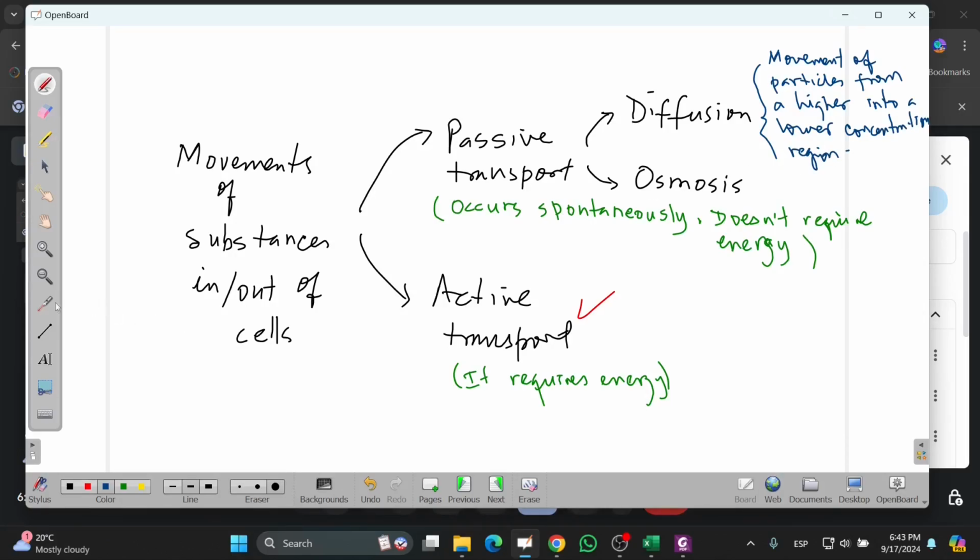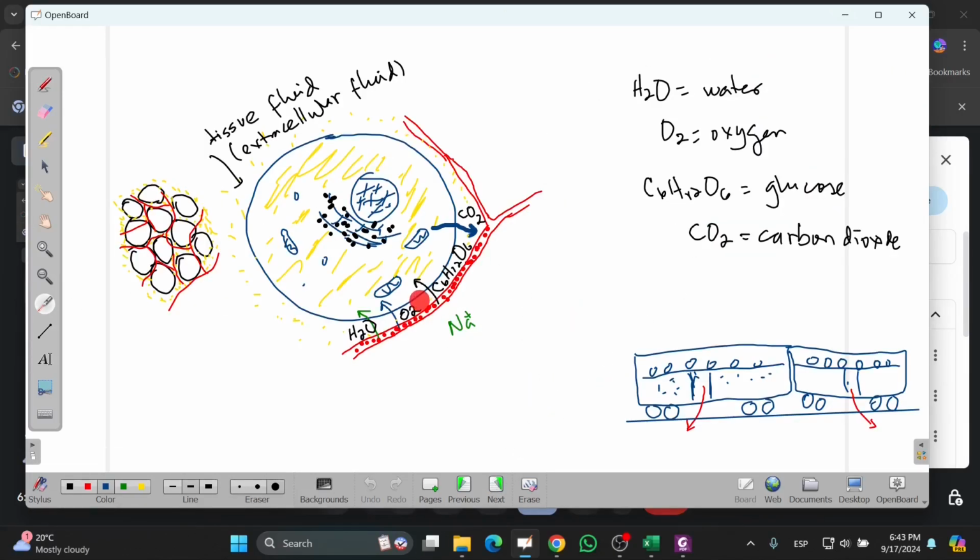We can also say here that the substances will be moving in favor of the concentration gradient. In favor of the concentration gradient means from higher concentration into lower concentration.